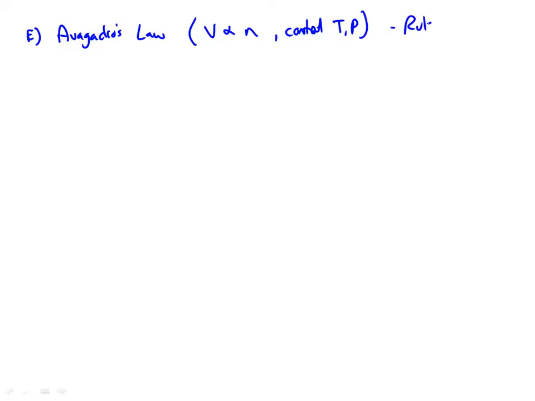Okay, we can also explain Avogadro's law. He said that the volume is proportional to the number of atoms at constant temperature and pressure. And this is basically just rule number 3, which says that the molecules are independent.